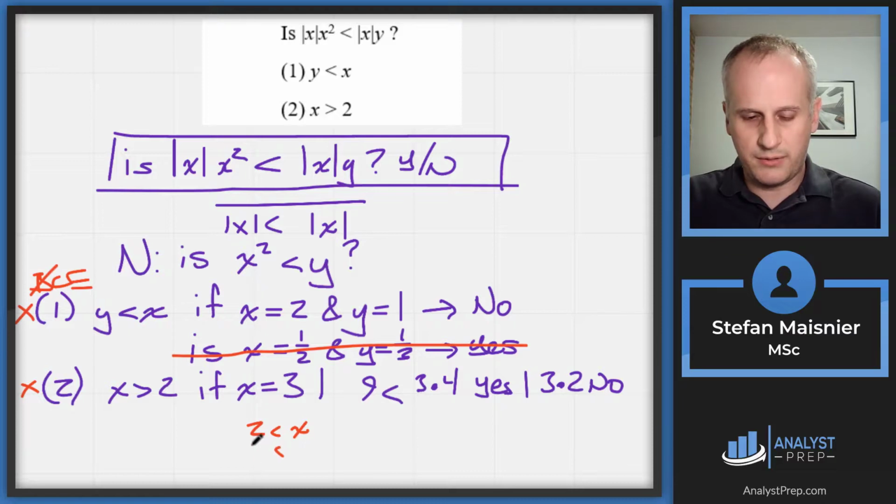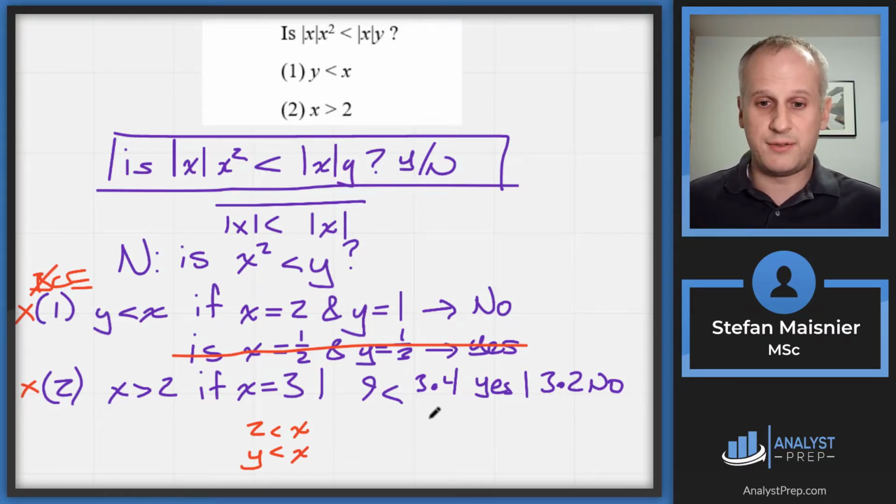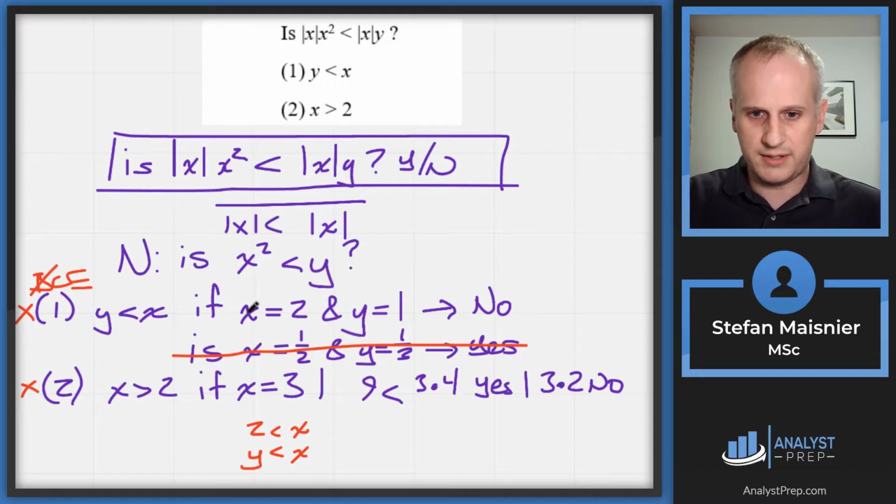So now we just have to find values that satisfy that. Well, x can't be 2 anymore either, because it has to be greater. So x could be 3, it could be a weird thing like 2.1. So basically this no option is the only one that works together.